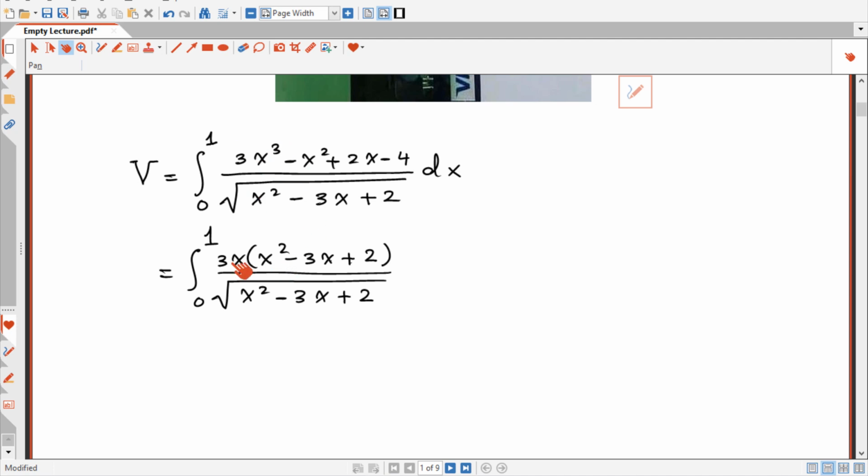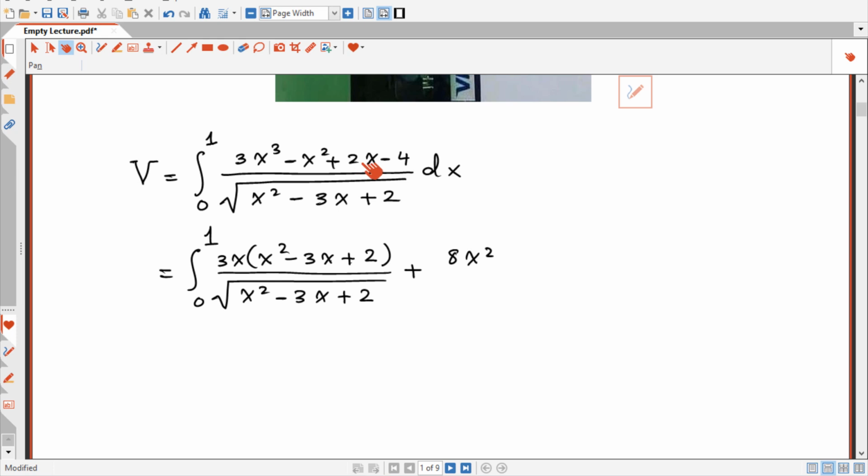Okay, so we added this term, so we have to add extra terms to compensate for what we've added. 3x times minus 3x is minus 9x squared. We have minus x squared, so we have to add 8x squared. Then we have 3x times 2, that's 6x.